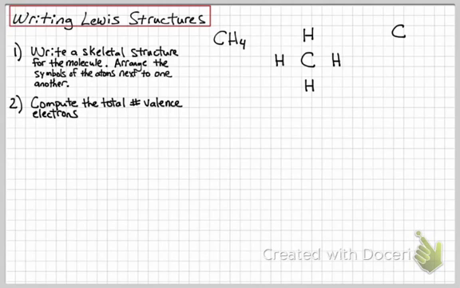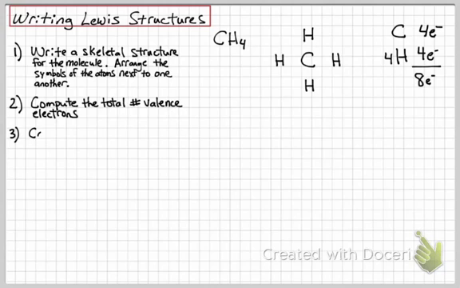So in this case, carbon comes in with its 4 valence electrons. Hydrogen has 1 valence electron. And since there's 4 hydrogens, there'll be 4 electrons total from hydrogen atoms. We combine those to give the total number of valence electrons that we'll use to make the molecule.